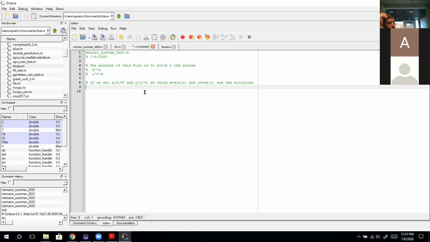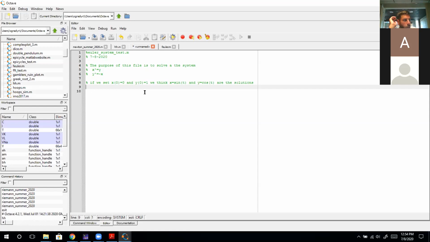And then y of 0 equals 1. We think that's going to be the answer. We think. Now here's the problem. Perhaps I should rephrase it differently. Instead of giving it 2 initial conditions, perhaps I give 1 condition on the derivative.